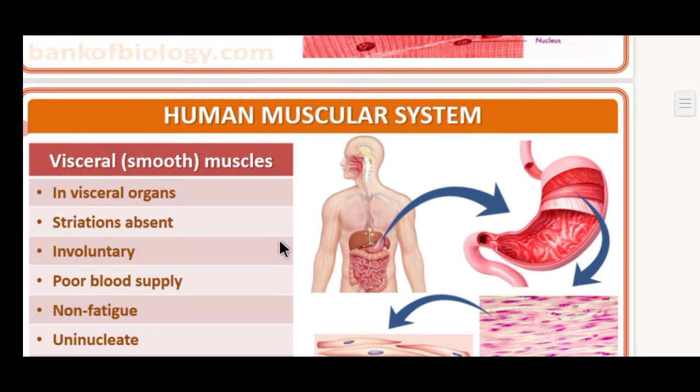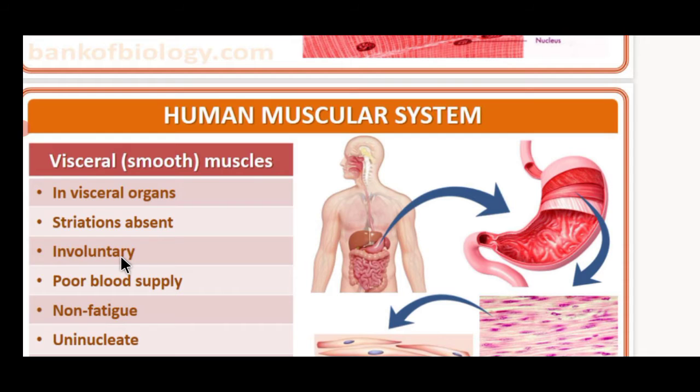The next muscle is the visceral or the smooth muscle fibers, and these are present in our visceral organs, that means in our stomach, large intestine, small intestine, esophagus. These are the places where these muscles are found. Here the striations are absent and they are involuntary, that means we cannot stop them from working on our will.